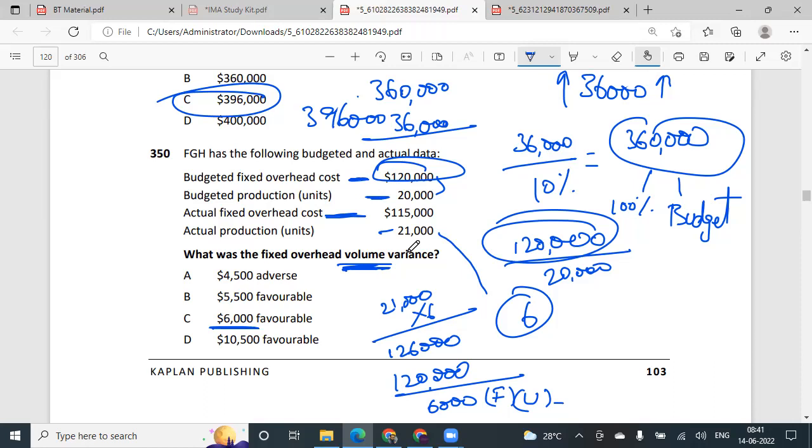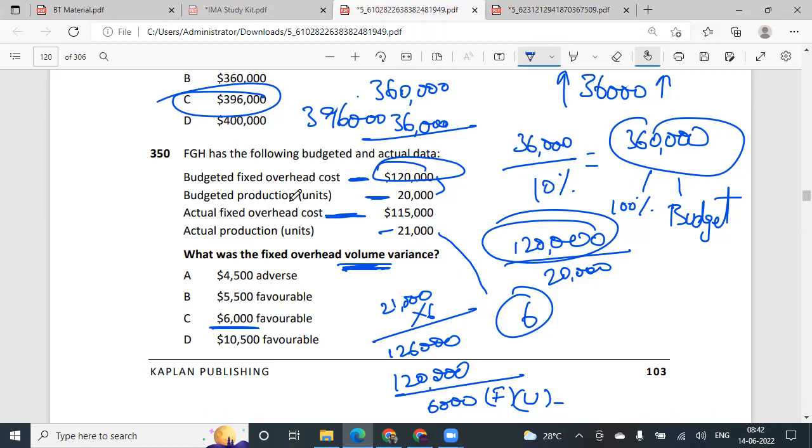Sir, isn't this formula absorbed fixed overheads minus budgeted fixed overheads? Yes. So the absorbed fixed overheads is 126. Yes. Okay.